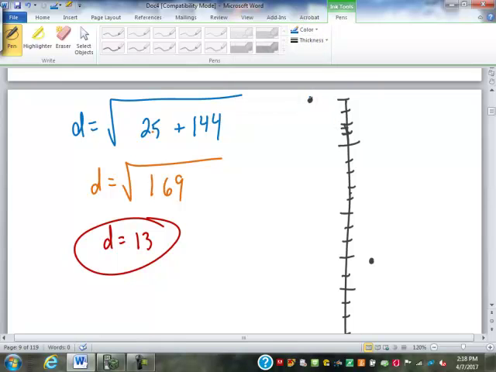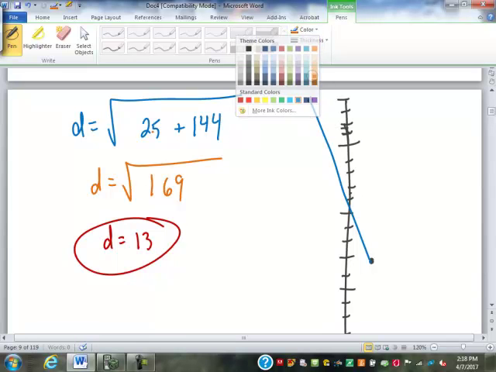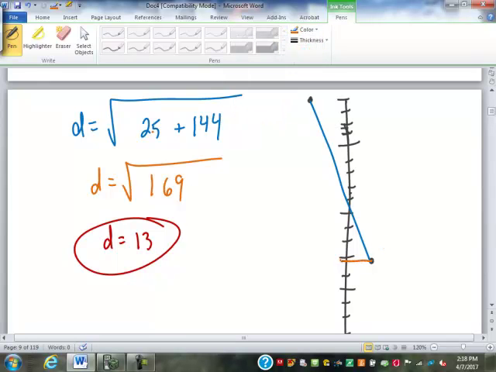If I connect those points, what this is all telling me is, if I made this triangle here, the difference of the x coordinates was 5. That's right there. It was -5, but that's 5. The difference of the y coordinates was 12. That's right there. So it's 5 squared plus 12 squared equals that hypotenuse squared. That hypotenuse is going to be the 13.